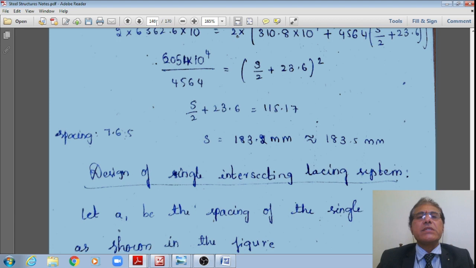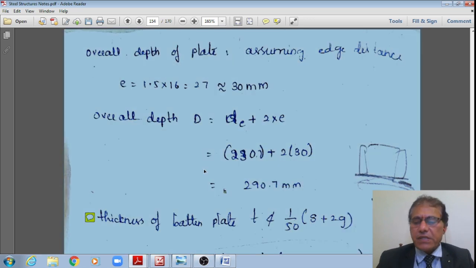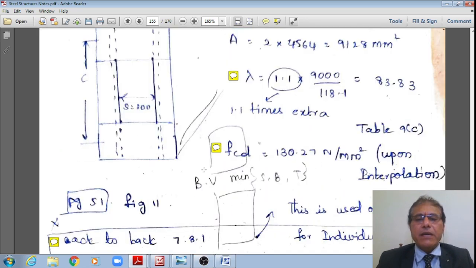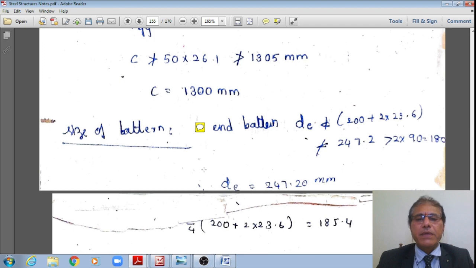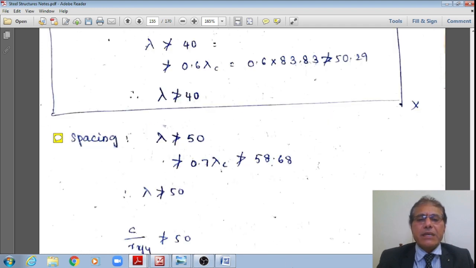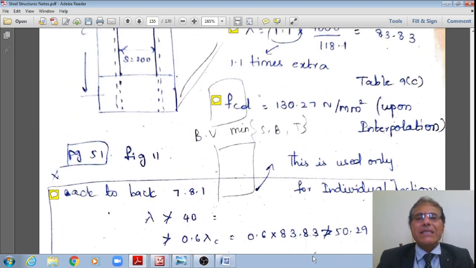Once I do this, let us fix the spacing between these channels.